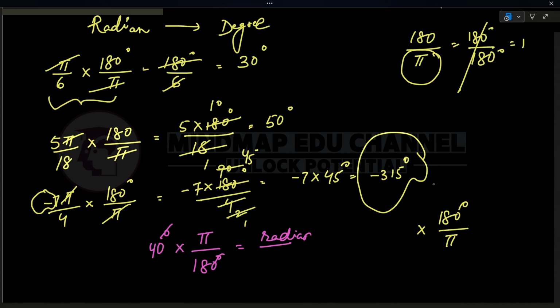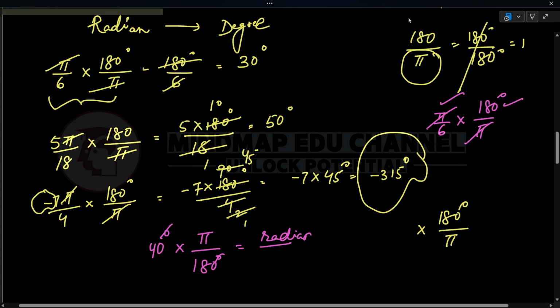Clear? Now, when you are converting from radian to degrees, for example you have π/6 radian, you have to cancel the radian. So write π down and degree up. In this way it will get cancelled and you will get the answer in degrees. Clear? I hope I am clear, right?